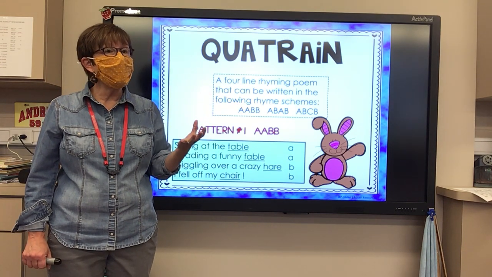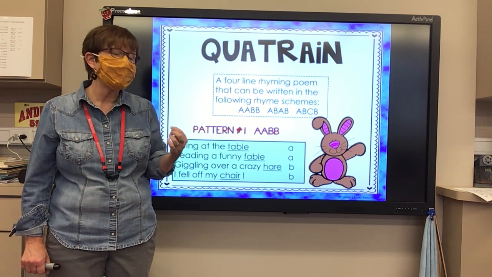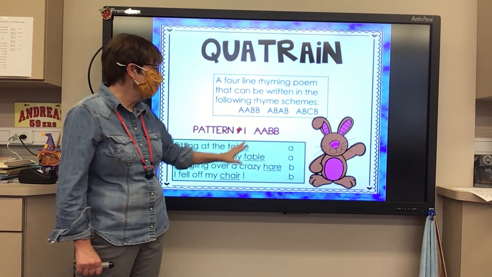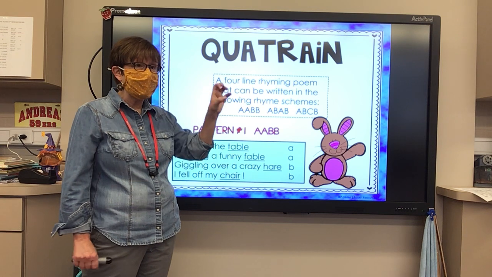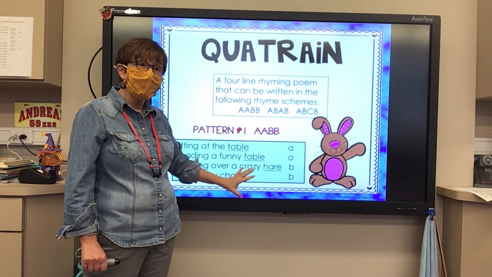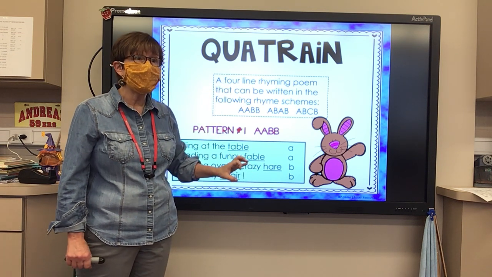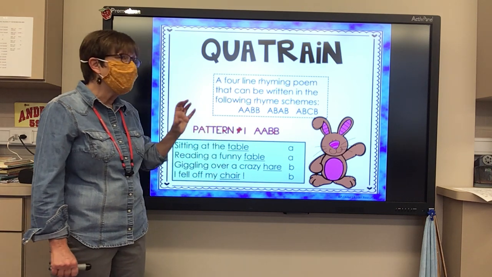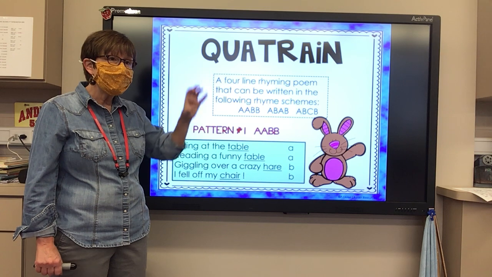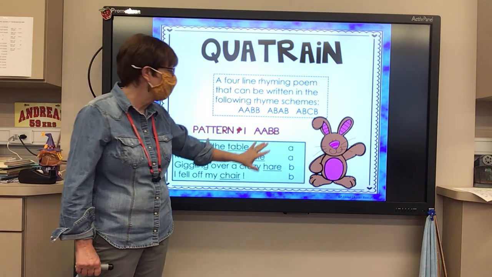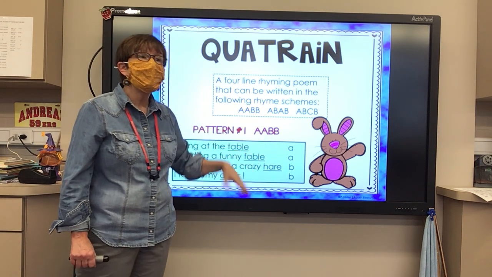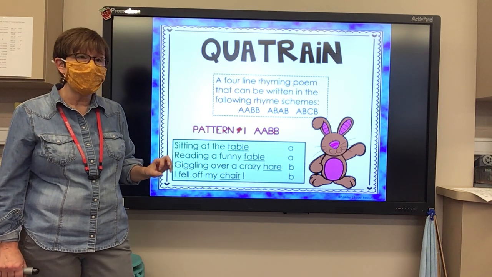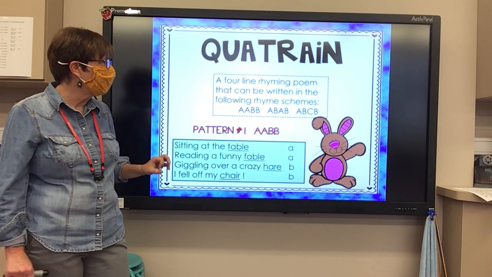But yes, in a longer poem, you could have a lot more rhyming words. You could have a stanza that follows this pattern. Remember, a stanza is like a paragraph in a poem. So you could do a whole poem with different stanzas that follow this pattern, where you have an AABB pattern in each stanza of your poem. That would be fun.